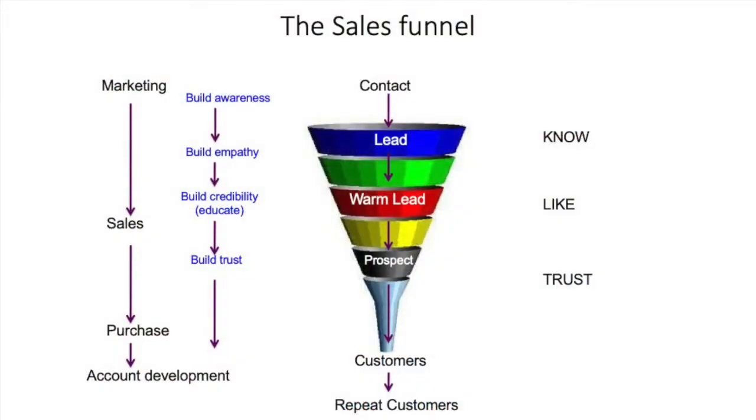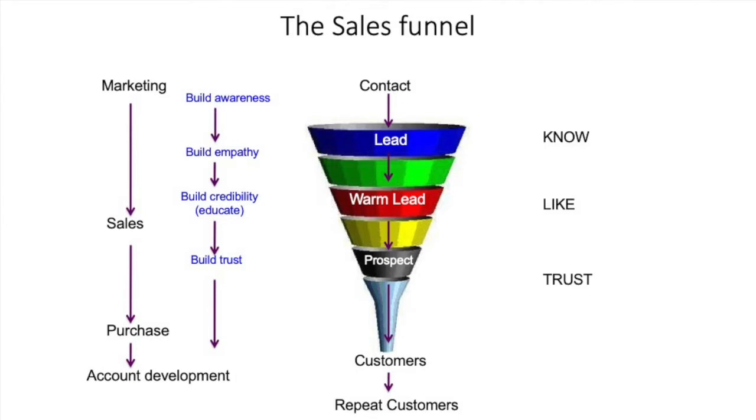Now, hopefully you're familiar with this concept of a sales funnel, but if not, let's just quickly look at this diagram. At the top, the widest part, we have cold contacts who are your target customers but may not know much about you yet. In the middle of the funnel, we have warm leads, and then loyal customers are dropping out the bottom.